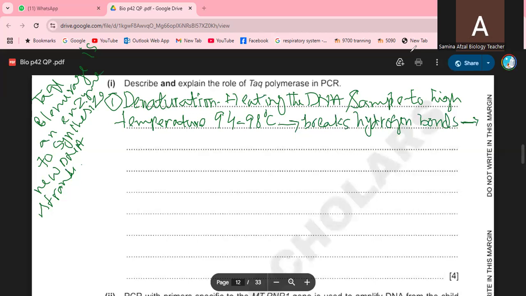So denaturation will occur when there is heating up to 94 to 98 degrees centigrade. The hydrogen bonds will break between DNA strands, and the DNA strands will separate into single strands.